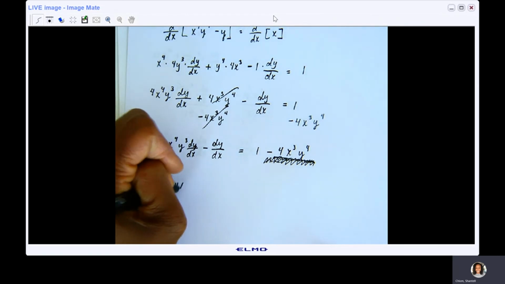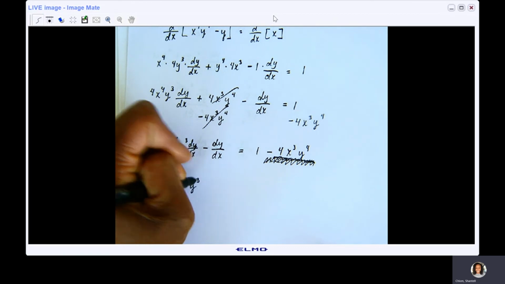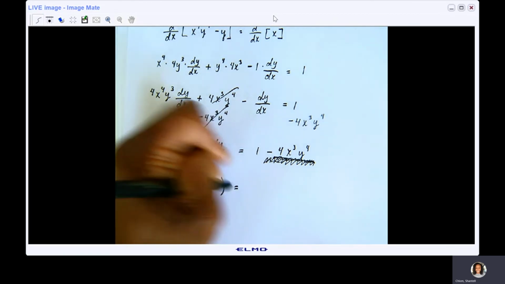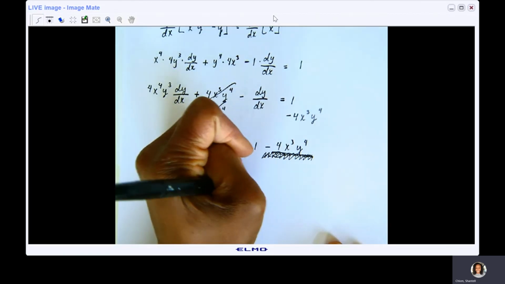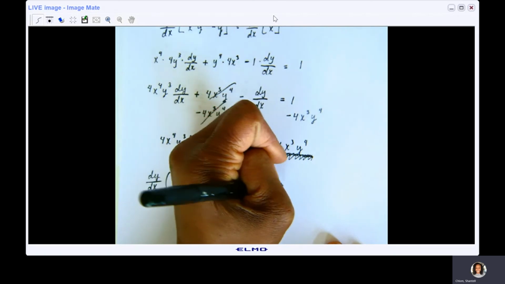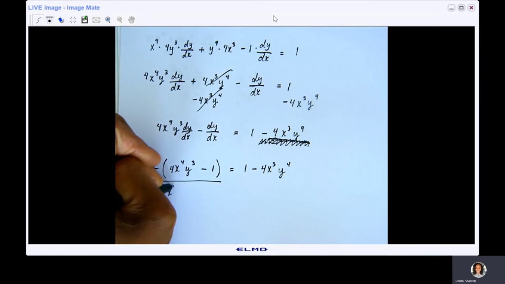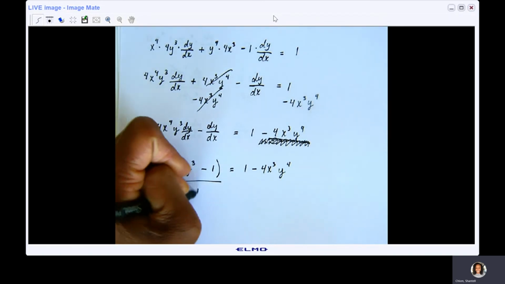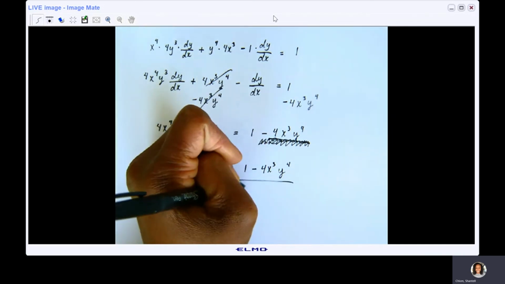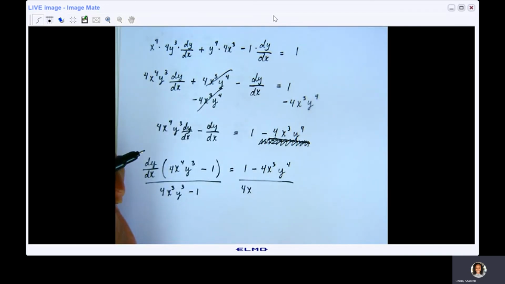That leaves me with 4x to the 4th y cubed minus 1. And I still got on this side 1 minus 4x cubed y to the 4th. Last step, I'm going to divide by 4x to the 4th y cubed minus 1. I changed that, that's a 4 right there.